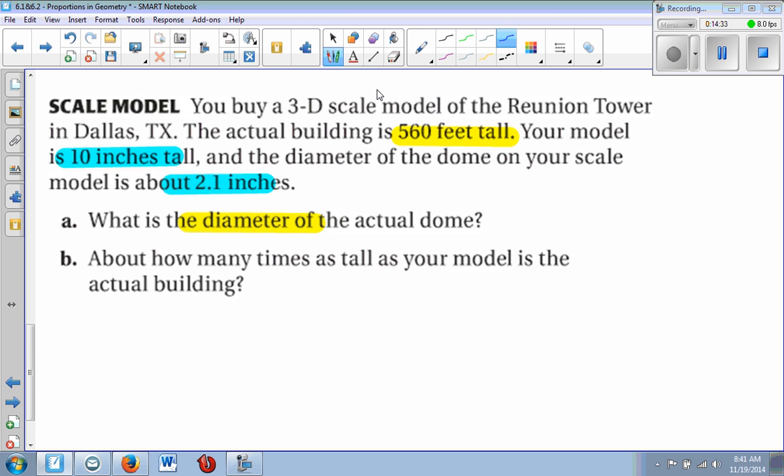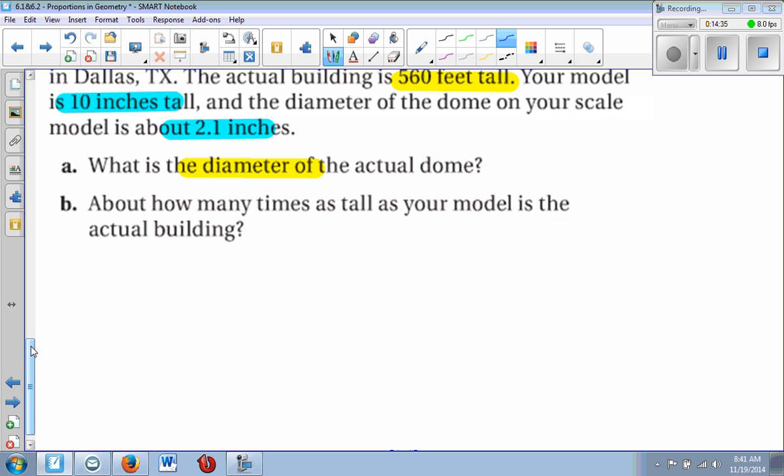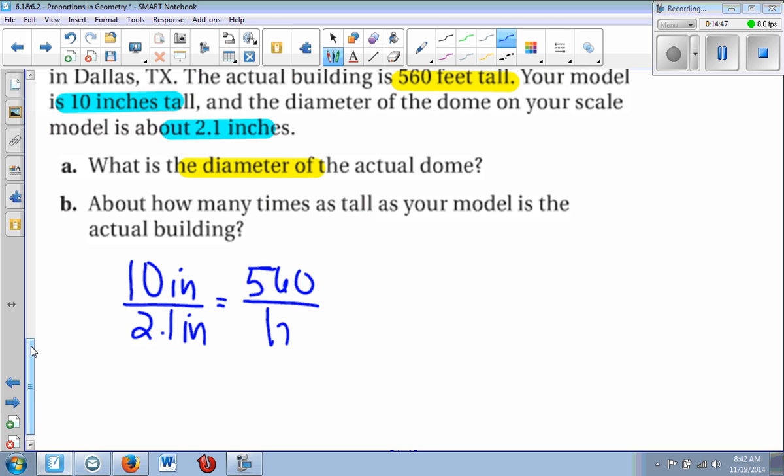So we are going to do the blue ones together as height of my model over the dome size of my model, and that should be equal to the height of my figure over the actual dome size of my figure. And I'm going to replace that h with an x. So if I want to solve to figure out how far across that dome is on the actual figure, all I'm going to have to do is cross multiply.